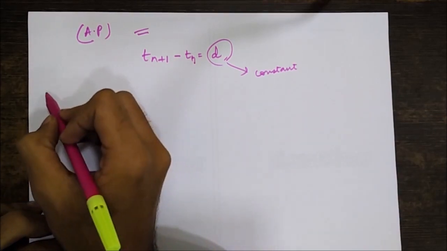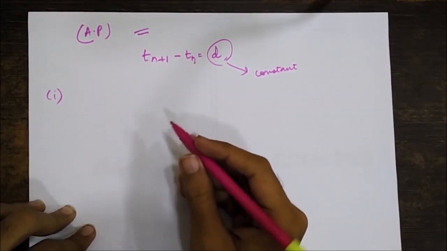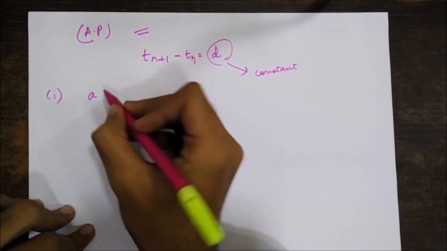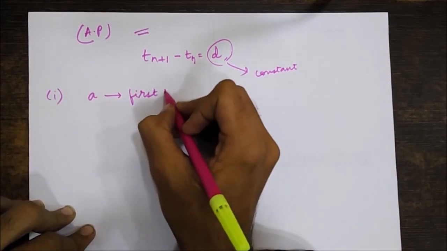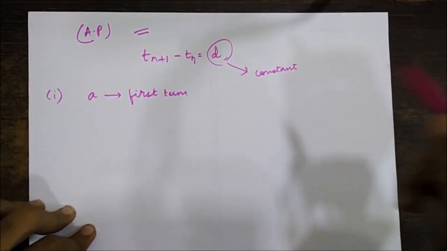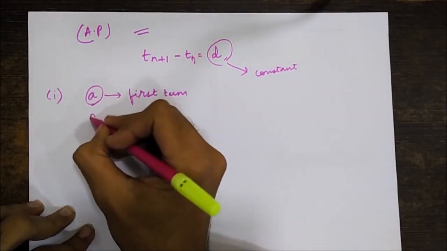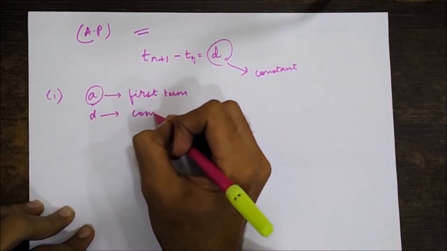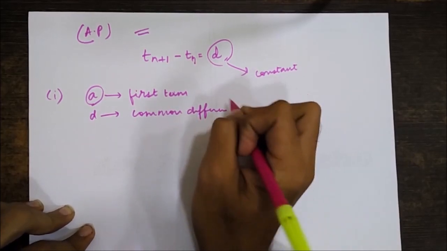So what are the following points that we need to remember in an arithmetic progression? A, the first term, is always represented by A. So if we have a sequence, the first term is always denoted by A, and D is nothing but the common difference between them.